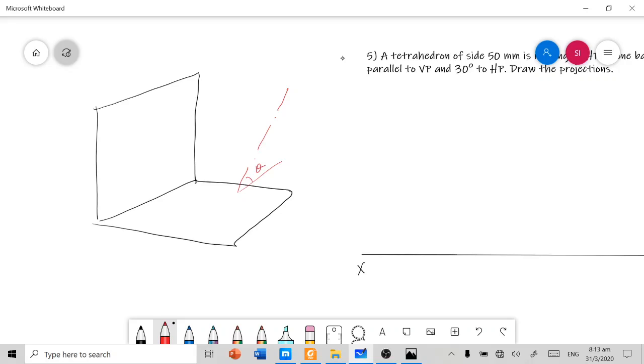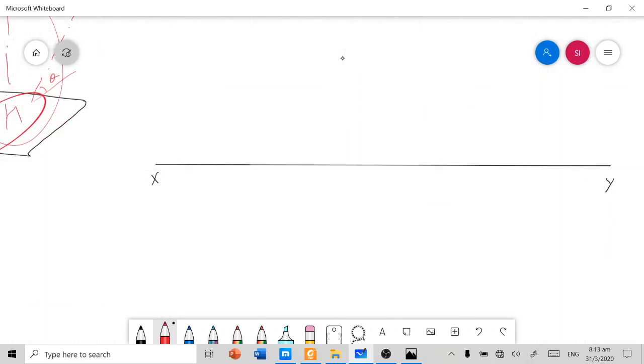So first we need to make the axis straight. That is, the axis should be parallel to VP and perpendicular to HP. If you do it like that, you can see the base of the solid in the top view. So you have to start the answer from the top view, like the previous problems.